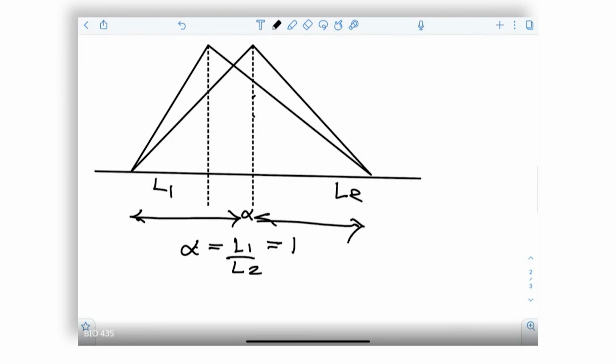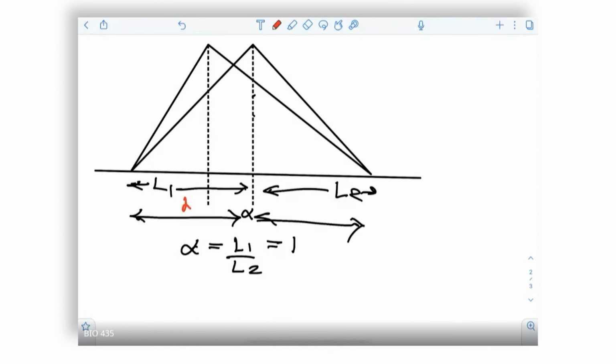So in my symmetric case, L1 and L2 were identical, whereas in my asymmetric case, LA and LB are not identical anymore. Yes? That's all we were talking about.